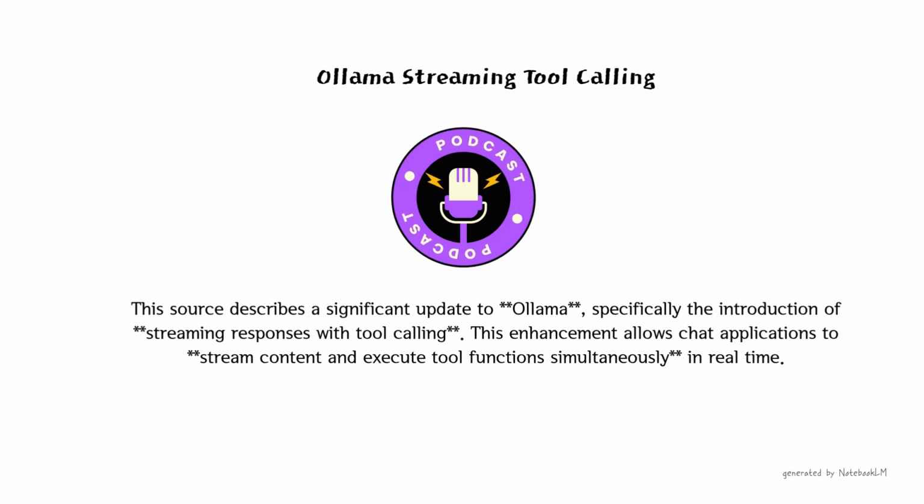Yeah, put it like this. It's a real step towards making interacting with AI feel less like sending commands into a void and more like, well, a conversation. The AI can act, use tools, and tell you about it, all happening smoothly in real time. It feels less like a detached brain in a box and more like an active participant in whatever task you're doing. It opens the door for apps that can really do things for you more dynamically.